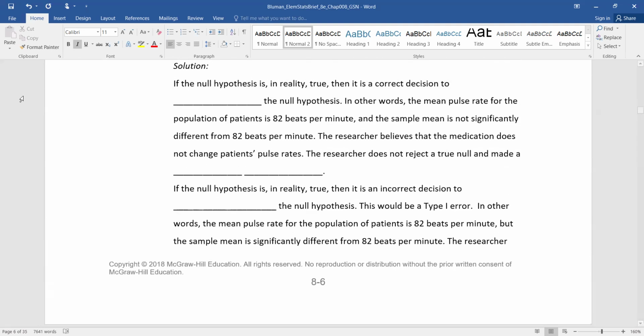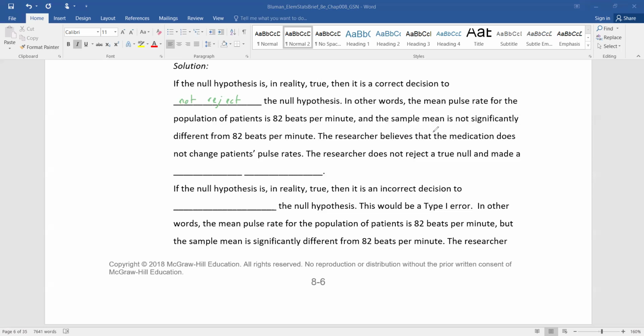So in this case, if the null hypothesis is in reality true, so it is equal to 82, then it is a correct decision to not reject the null hypothesis. So if the null hypothesis is true, then we don't want to say it's false. In other words, the mean pulse rate for the population of patients is 82 beats per minute, and the sample mean is not significantly different from 82 beats per minute.